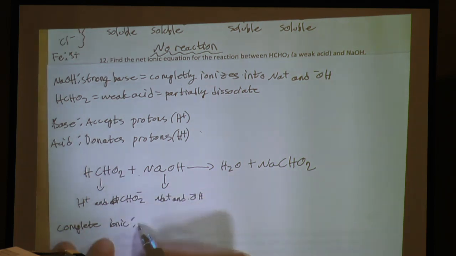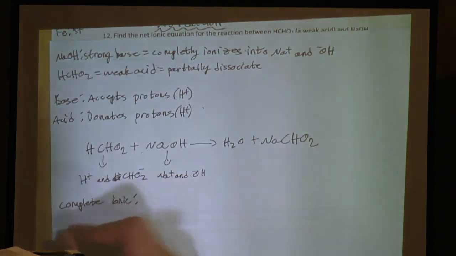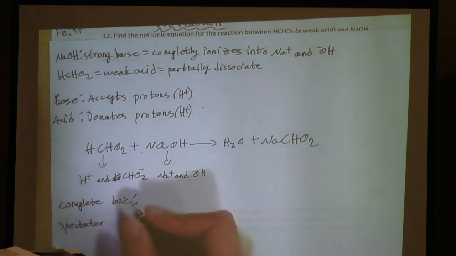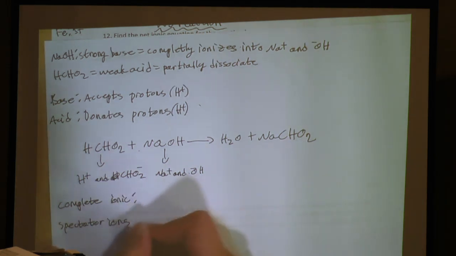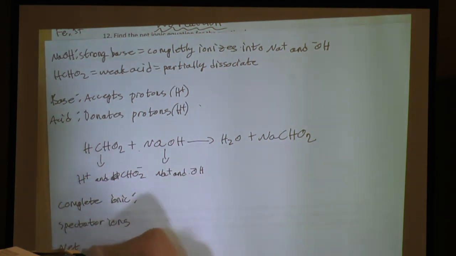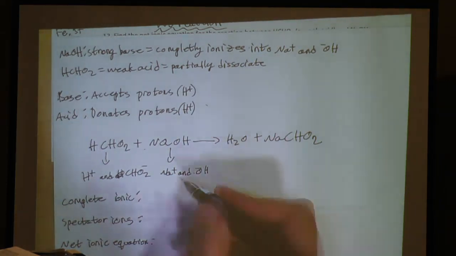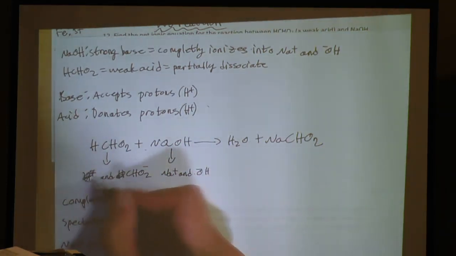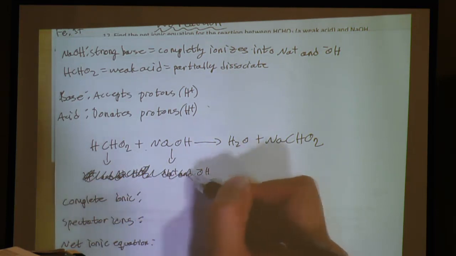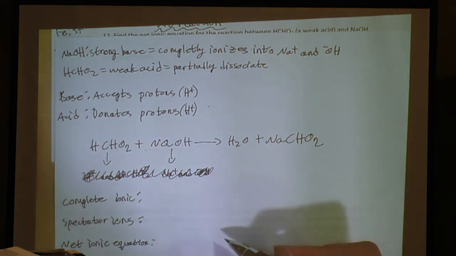And then we cancel out spectator ions in our complete ionic equation to find our net. So we'll label our complete ionic equation, our spectator ions, and then we'll be able to find our net ionic equation. This might look a little messy, but I'm just going to cross all this out here so we can work it out.